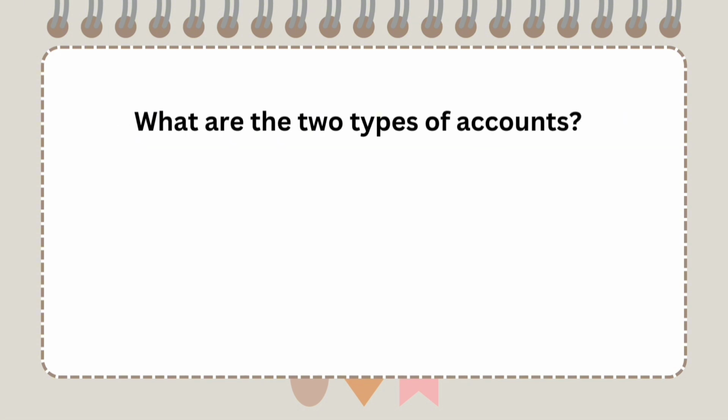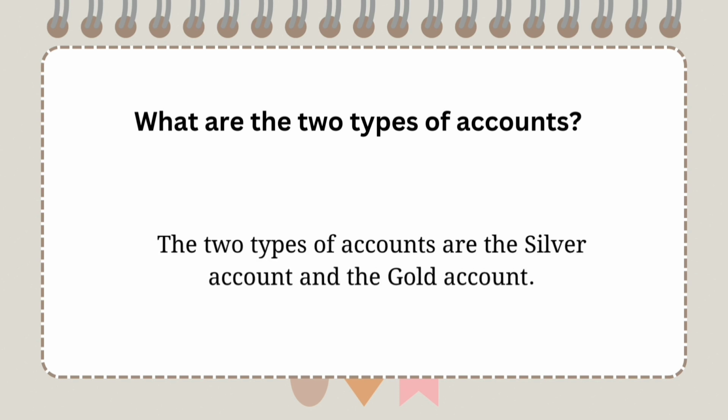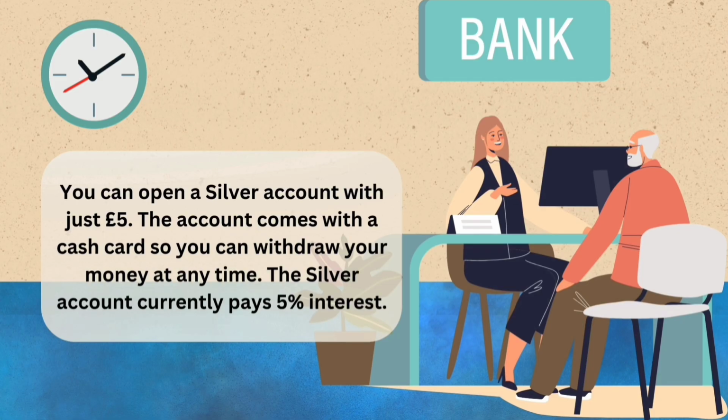What are the 2 types of accounts? The 2 types of accounts are the silver account and the gold account. You can open a silver account with just £5. The account comes with a cash card so you can withdraw your money at any time. The silver account currently pays 5% interest.